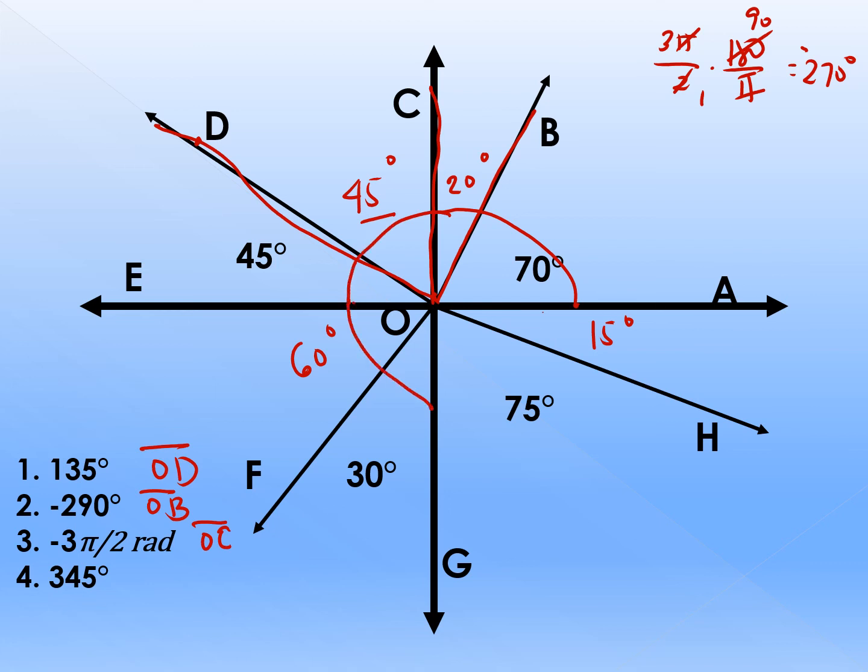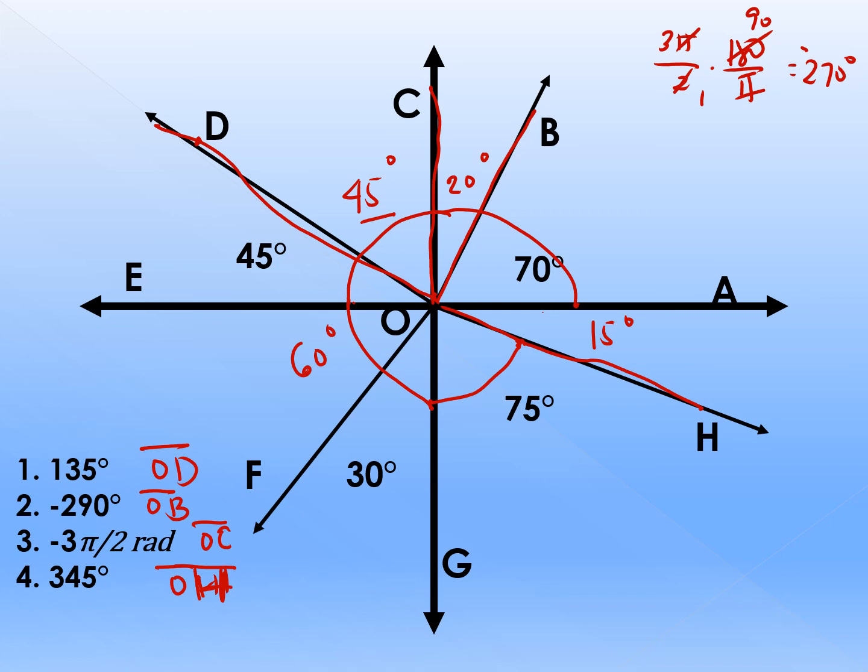Plus 90, we have 270. So plus 75, that's 345 degrees. So it will end here. So the terminal side is OH. So therefore, for 345 degrees, the terminal side is segment OH.